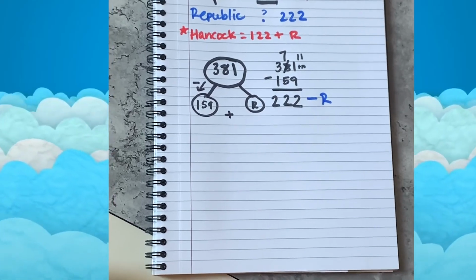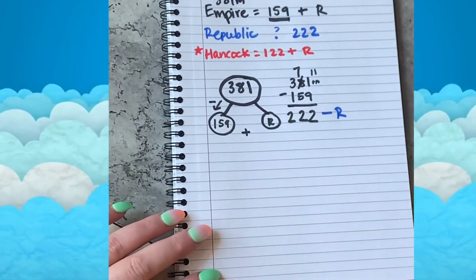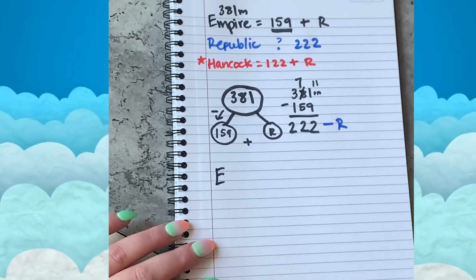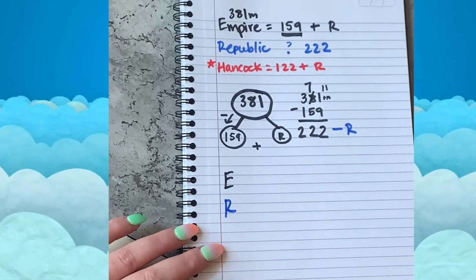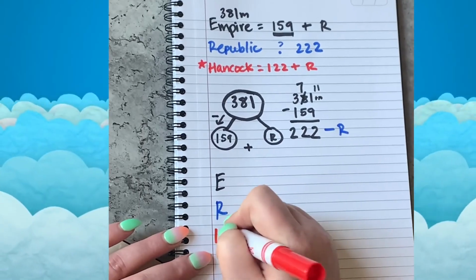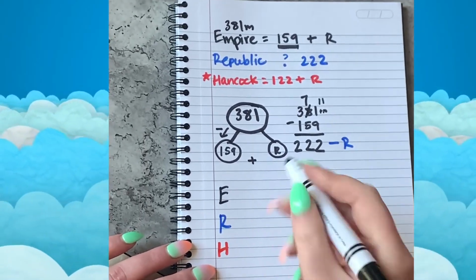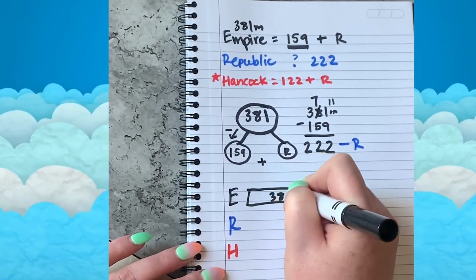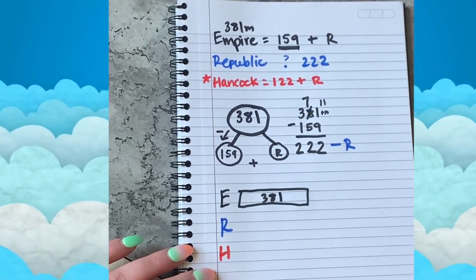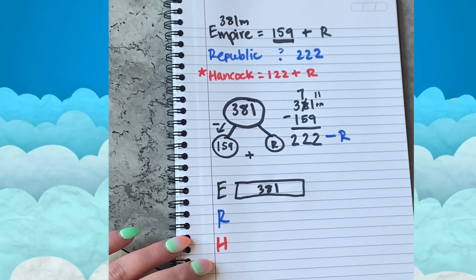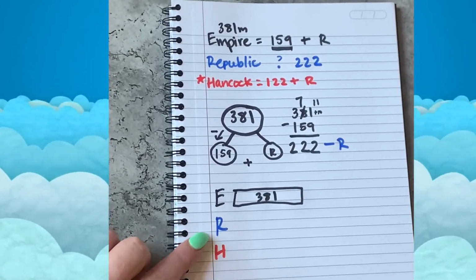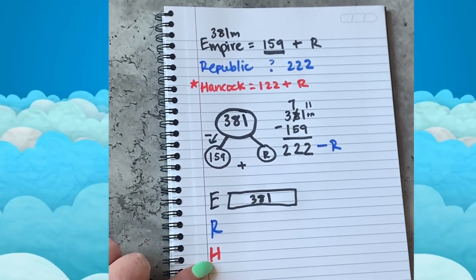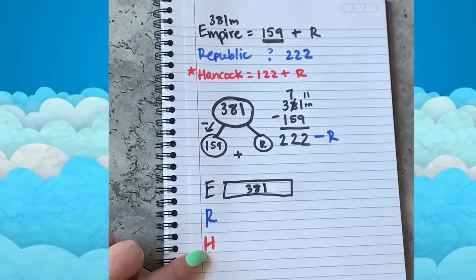If I know that the Empire State Building was 381 meters, and now I know that the Republic Building is 222 meters, I can easily find out the height of the Hancock Building.